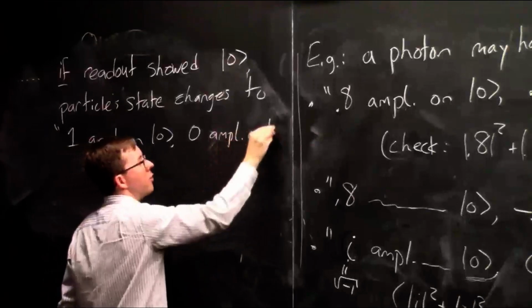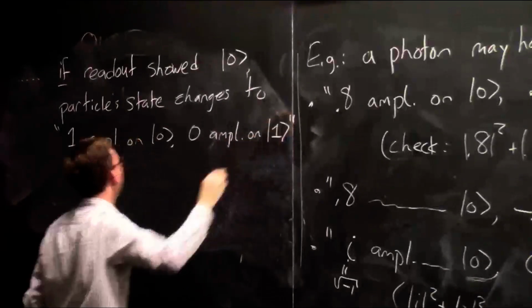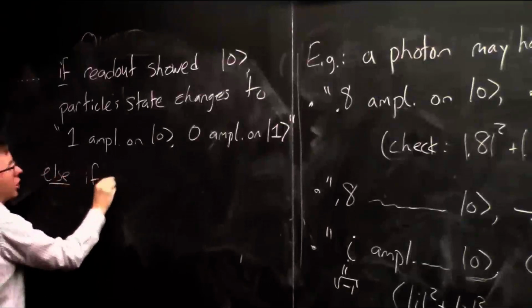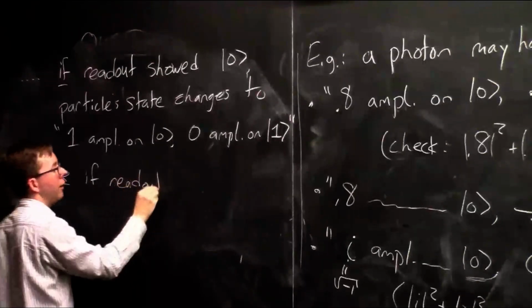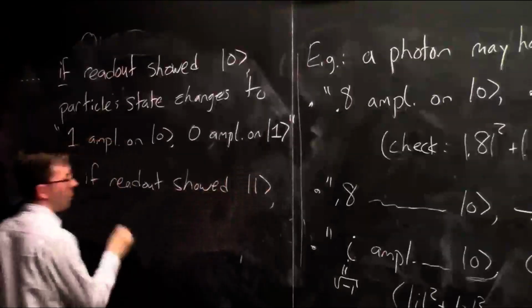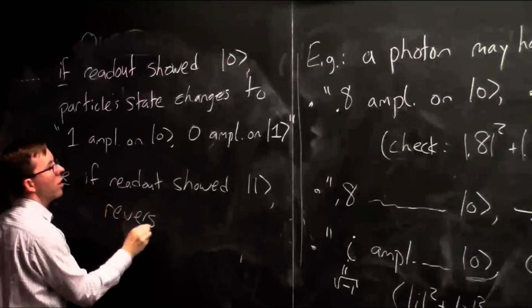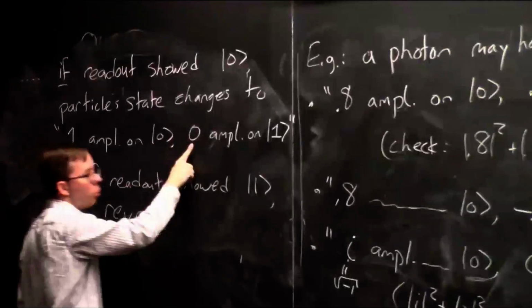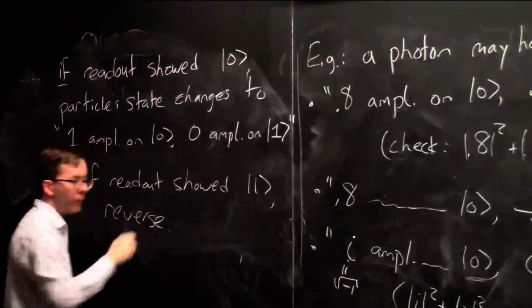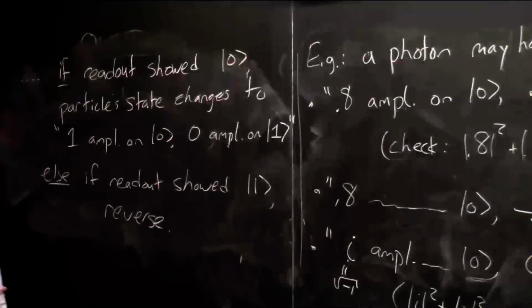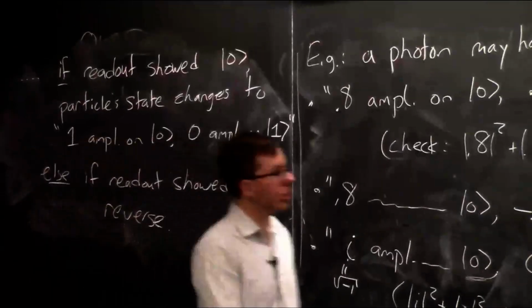I know it's a little confusing. You have different kinds of 0s and 1s. Else, if the readout showed 1, let me just, for brevity, say the reverse. The particle state changes to no amplitude on 0 and 1 amplitude on 1. Okay, so that's 2 consequences of measuring.